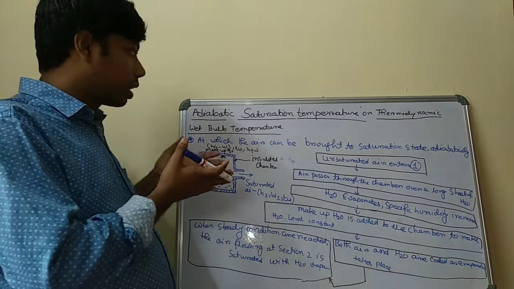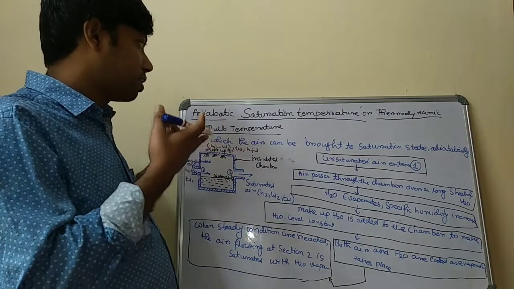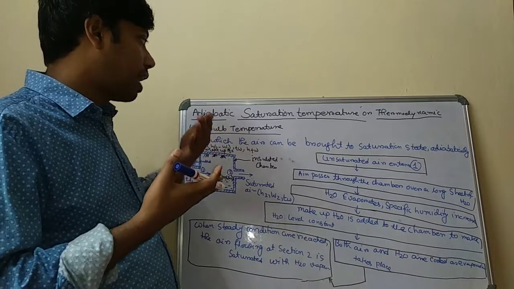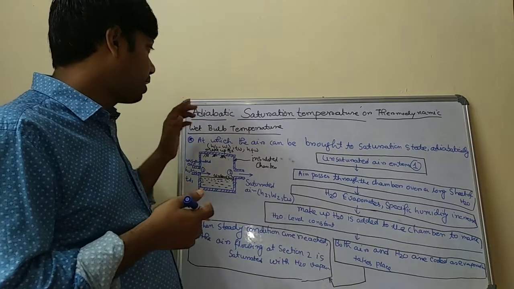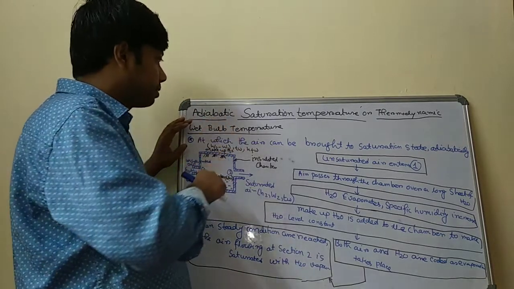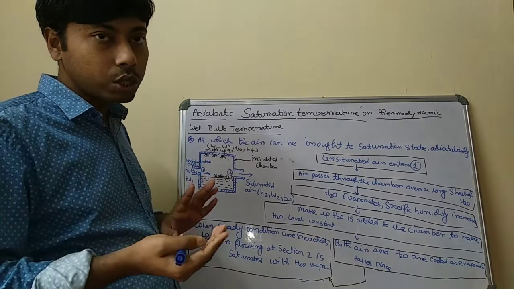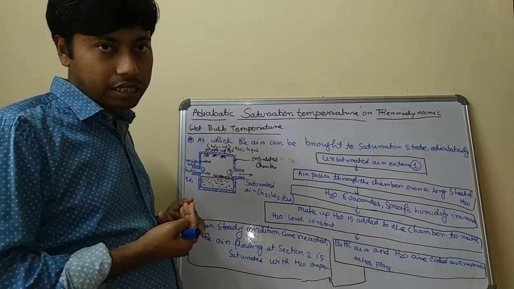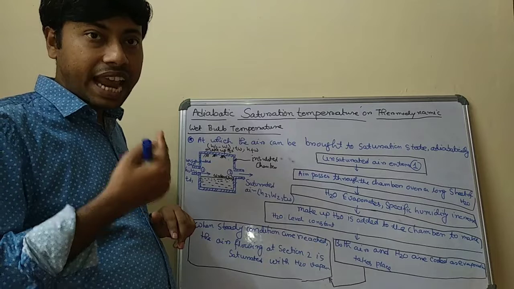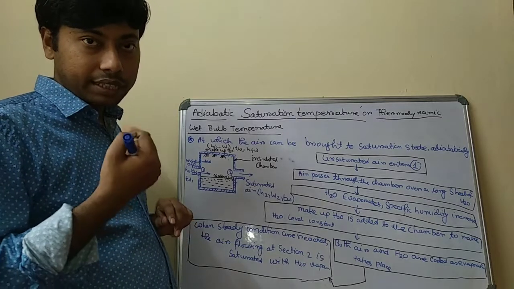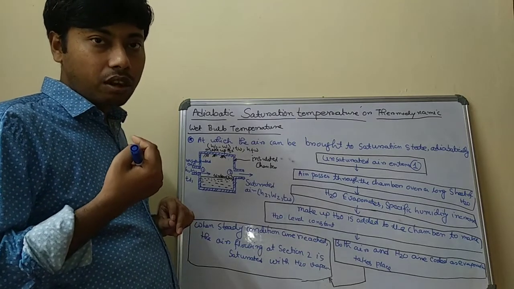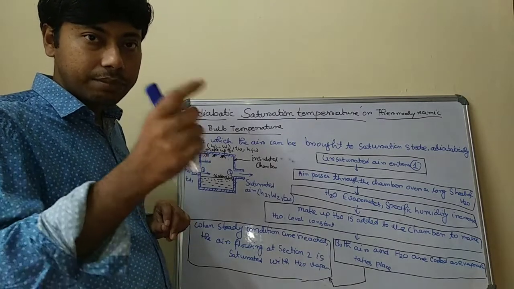That means it can be defined as the temperature at which the air can be brought to the saturation state, and the process should be adiabatic. That's why this process is called the adiabatic saturation temperature.